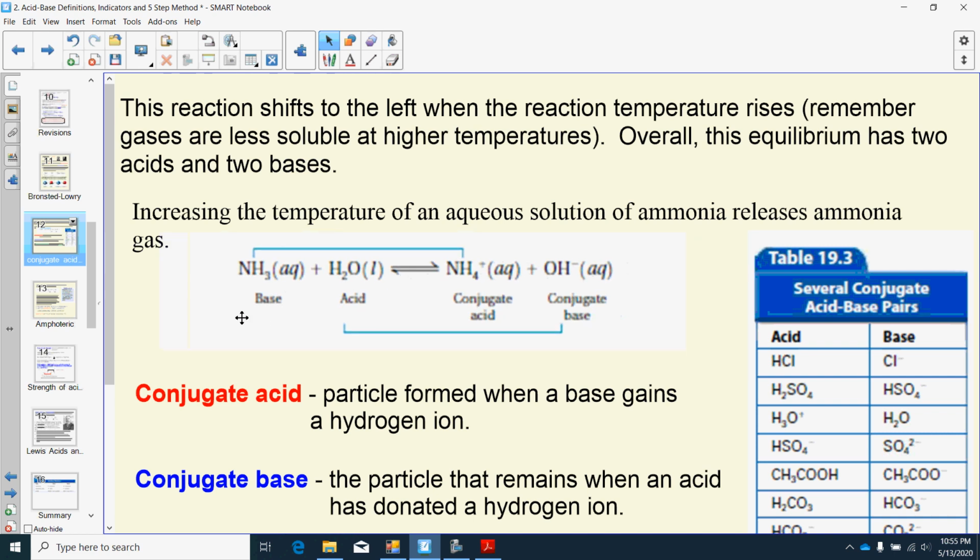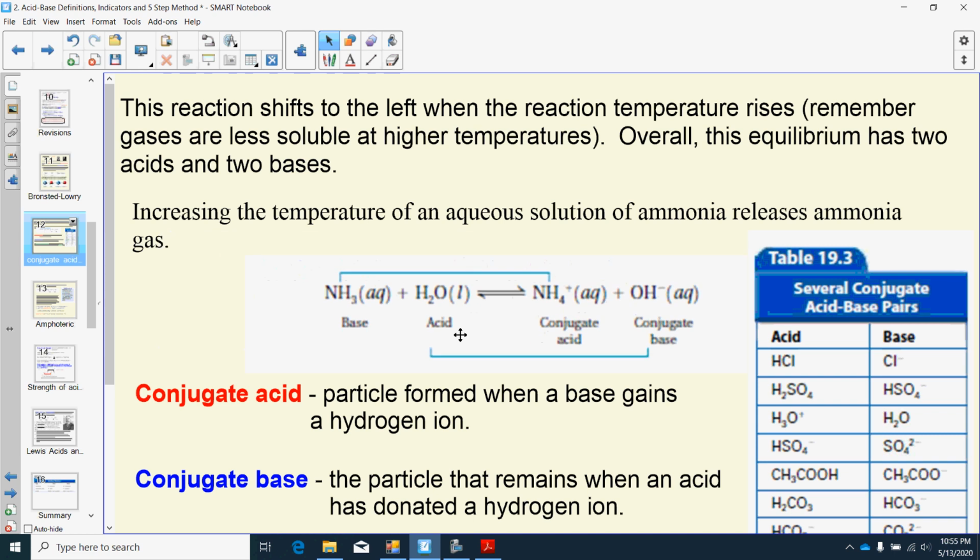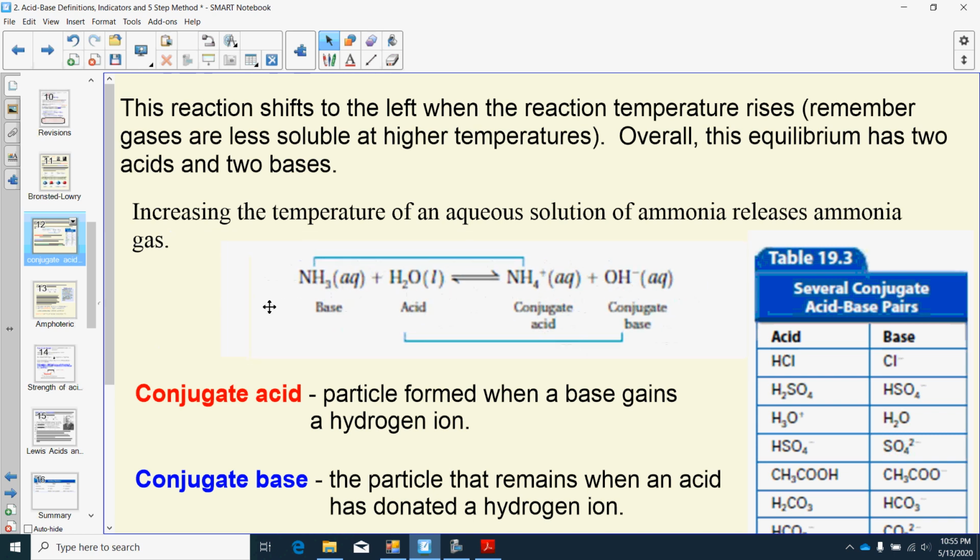So we actually have two sets of acids and bases here, if you take a look at it. So overall, this equilibrium has two acids and two bases. So if we're looking at the forward reaction, we have a base here and we have an acid. The base is going to accept an H, and the acid's going to donate an H.